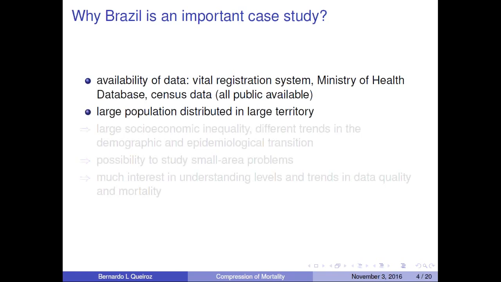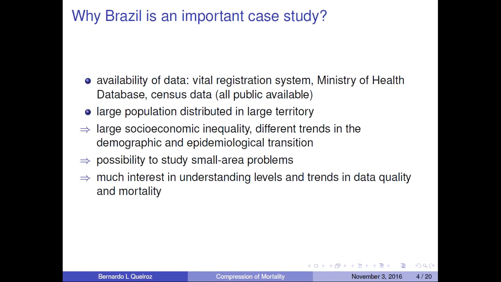Brazil is also interesting because the population is large and distributed over a large territory with huge income inequality and different trends in demographic and epidemiological transition. So this gives an opportunity to study small area estimation problems and issues.